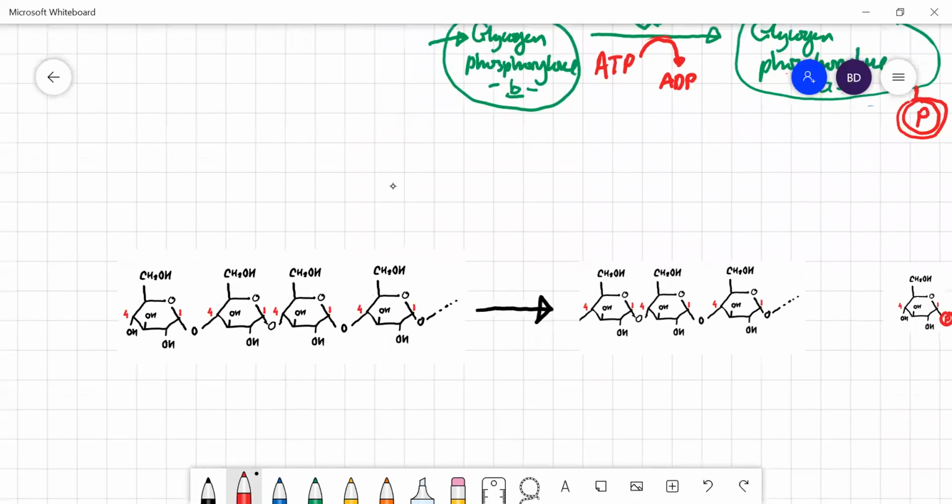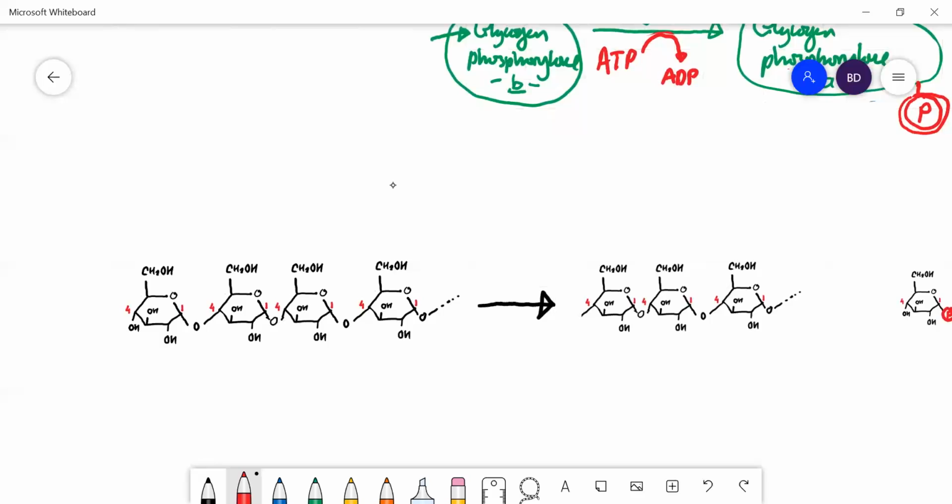And what glycogen phosphorylase does is this. I've drawn here a glycogen molecule, glycogen stored in the liver cell. I've only drawn it with 4 glucose molecules, but it's many hundreds, really. And they're joined together by these glycosidic 1,4 linkages there.